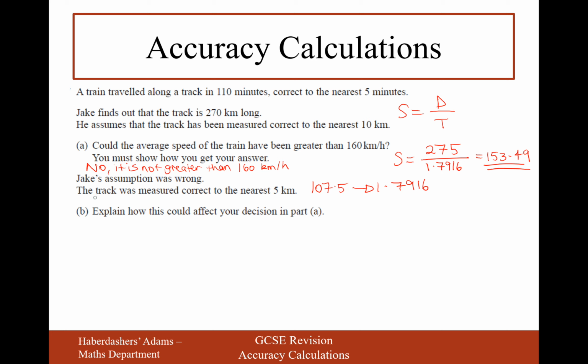Jake's assumption was wrong. The track was measured to the nearest 5 kilometres.